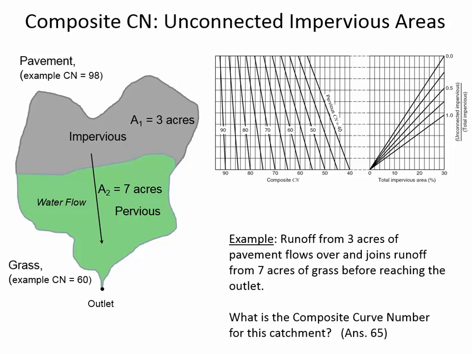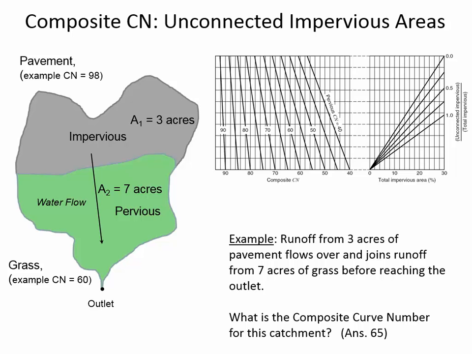Okay, so first of all, we need to find the ratio of unconnected impervious to total impervious. And what that's asking is how much of this impervious area isn't touching the outlet.